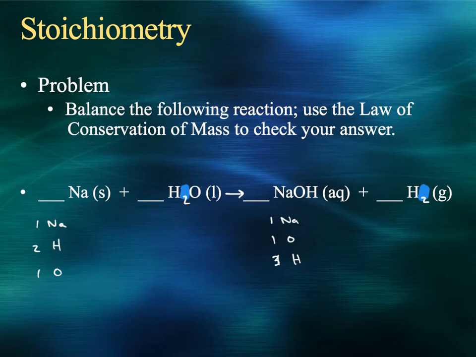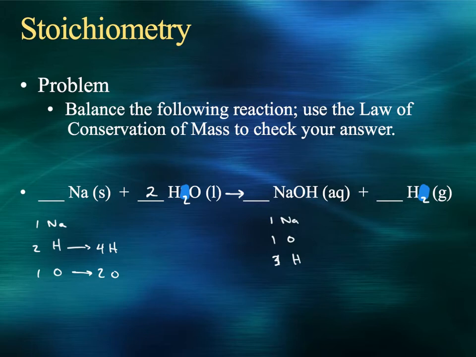So let's just go ahead and see what happens if we put, I don't know, how about a 2 in front of the H2O and see what we get. If we do that, we've now doubled the amount of hydrogen, so now we will have 4. And we will also now have double the amount of oxygen, so now we have 2 oxygen.